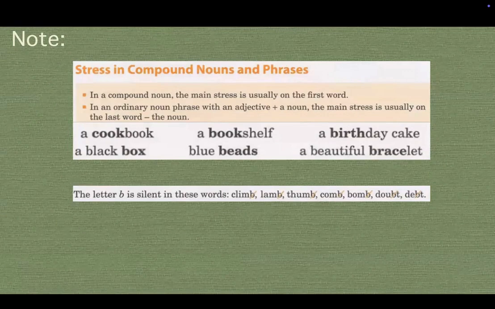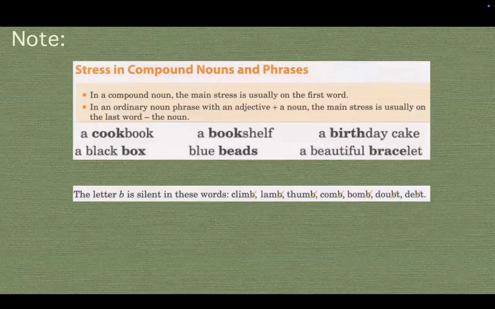Next we have a noun phrase: a beautiful bracelet. It is an adjective with a noun, so the main stress is on the last word, the noun. And the last word, bracelet, is a compound noun, so the first part of this compound noun is stressed.